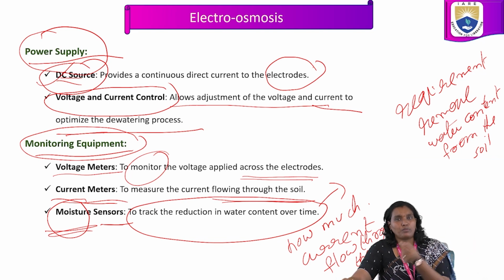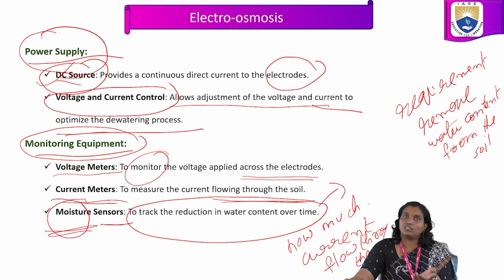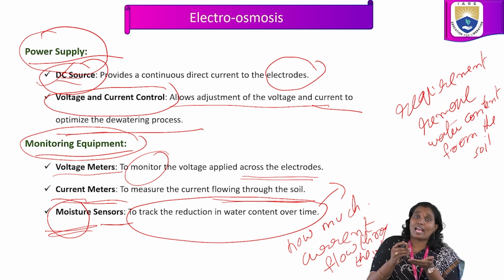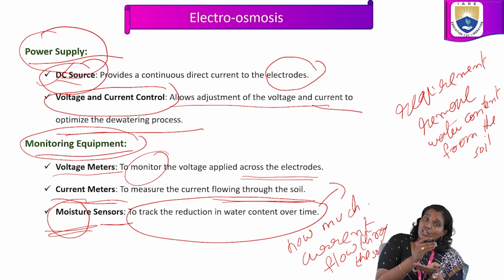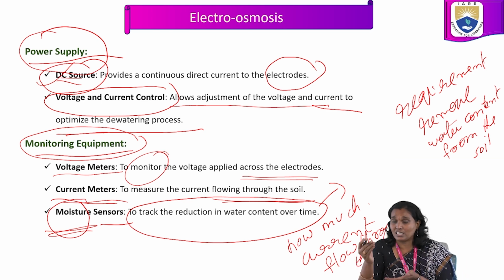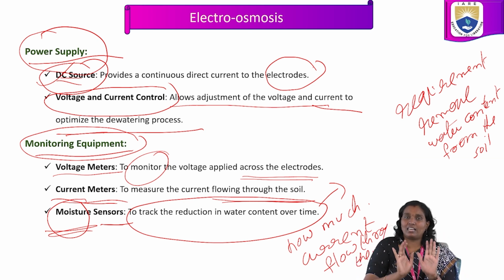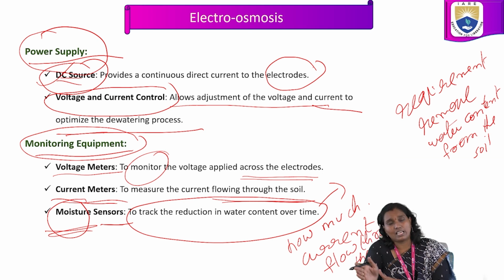From time to time we apply the DC source continuously, adjust the voltage, and monitor these things. We track until the soil reaches the moisture content required for the construction project, repeating the same process until then.